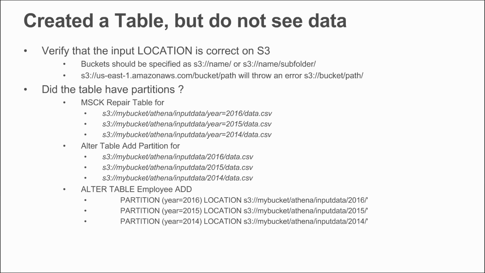Now this is the key is equal to value format, and you can do MSCK repair table. However, this folder is not in that same format, but I can still add partitions by using alter table employ add partition. Year is 2016, and location is this particular prefix. Remember, it's the prefix and not the file. Our partition is this, and this is the prefix. So I hope that's clear.